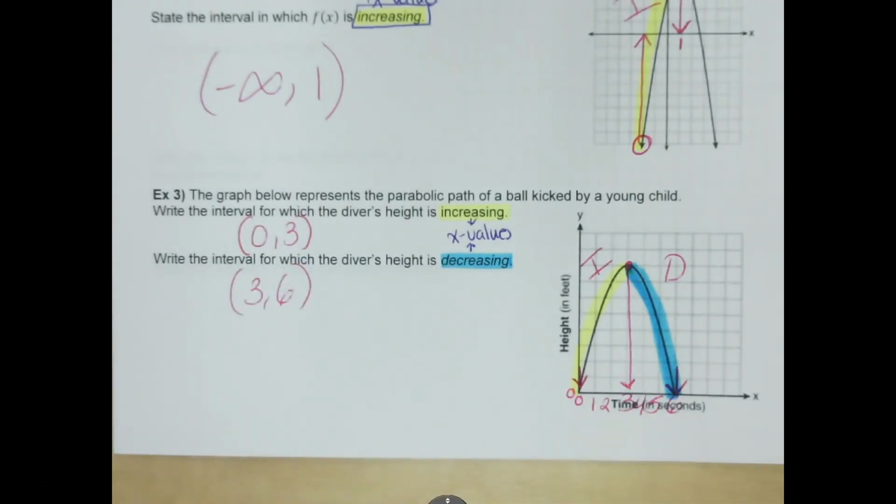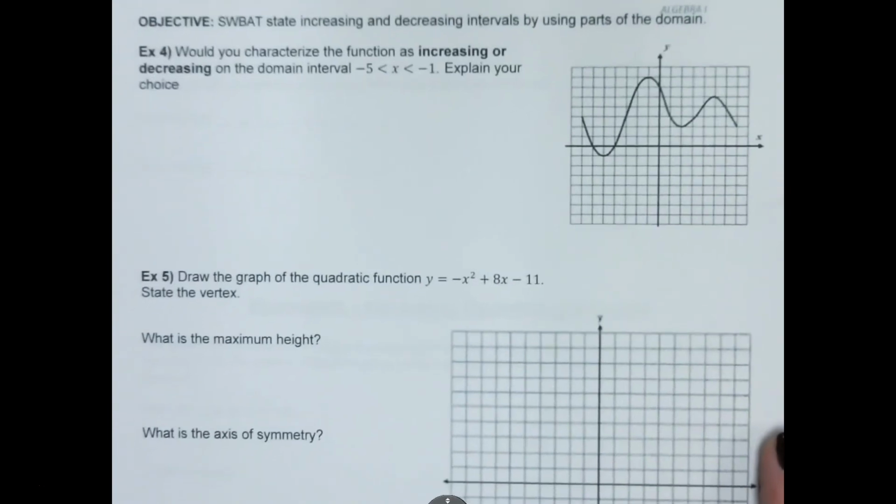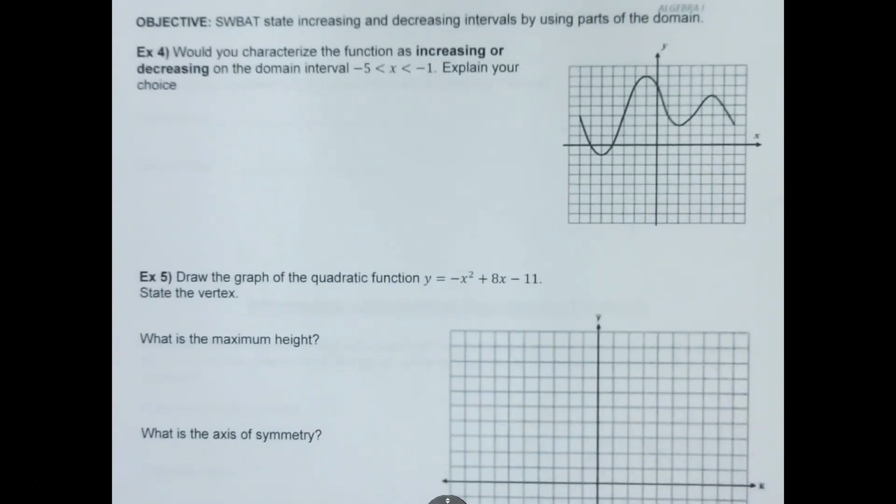All right, let's flip and look at number 4. Here we go. Number 4, it says, would you characterize the function as increasing or decreasing on the domain interval -5 is less than x, which is less than -1? Explain your reasoning. Okay, I'm going to highlight out what's important here.